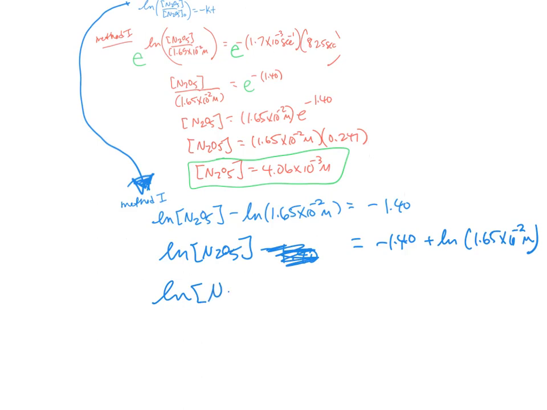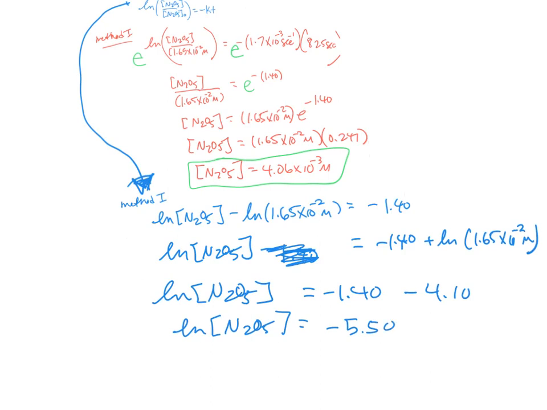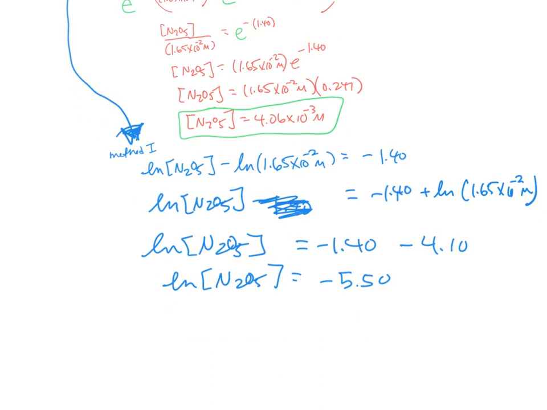natural log N205 is equal to negative 1.40 minus 4.10. Combine those, you get natural log N205 equals negative 5.50. And then take e to the logarithm of the N205.